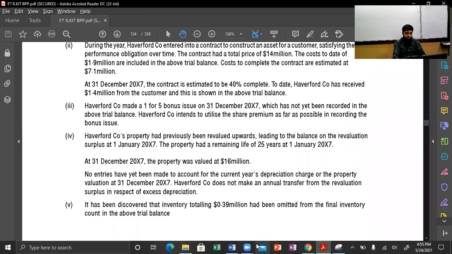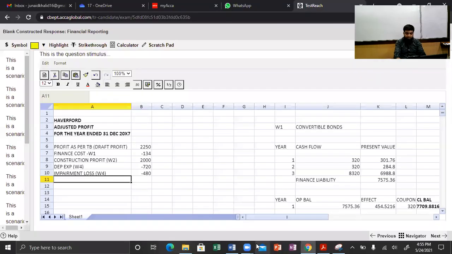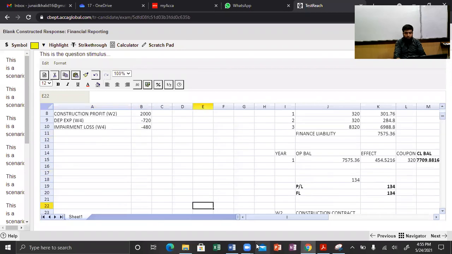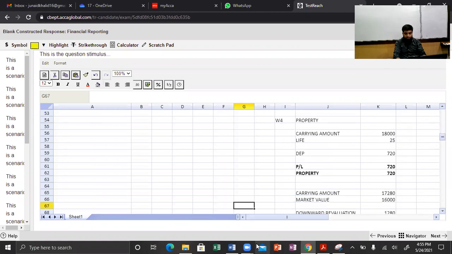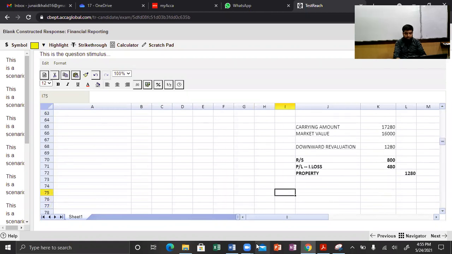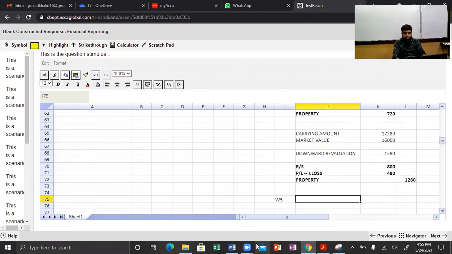Now the last adjustment which is required: it has been discovered that inventory of 0.39 million had been omitted from the final inventory count in the above trial balance. It means we need to record this inventory, and we need to account for it in both the P&L and the balance sheet. What accounting entry is required?